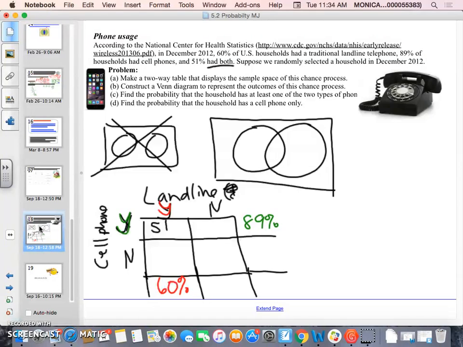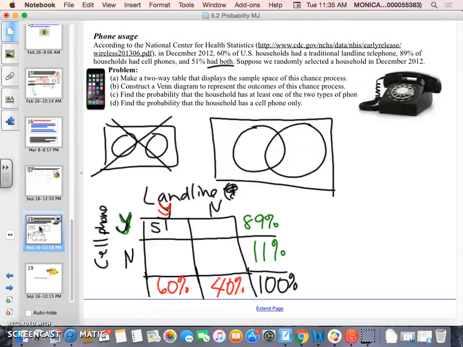And we know from our basic probability laws that this has to add up to 100%. And so for this table, we actually have to work backwards. So what's going to go here is 40%. And what's going to have to fill in here is 11%. Now let's work backwards.